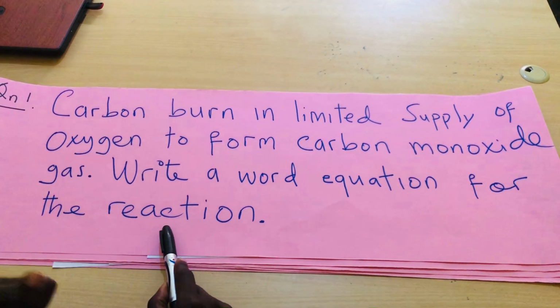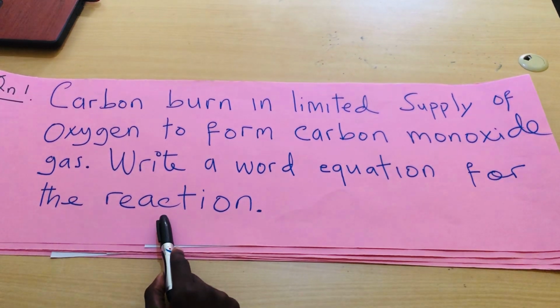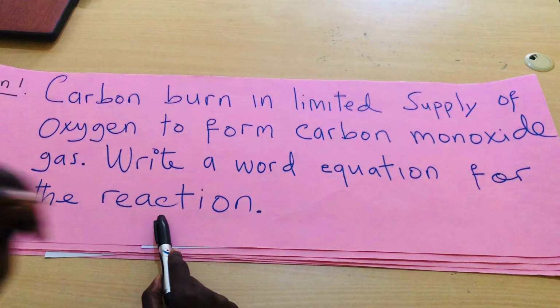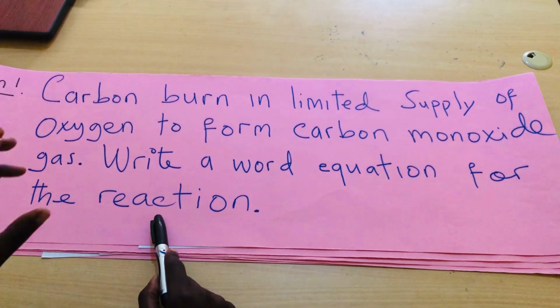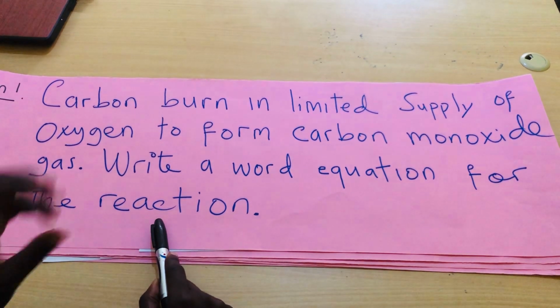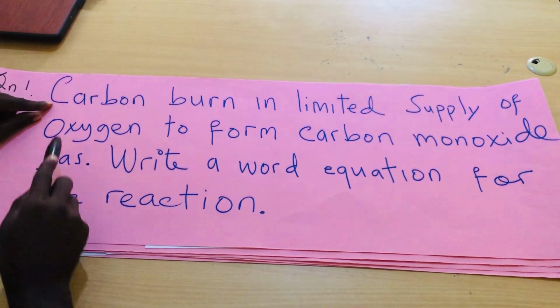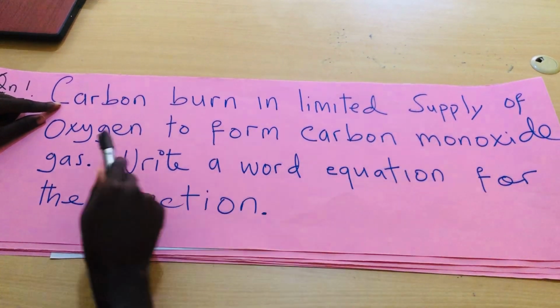So from this question, we need to identify which substance act as a reactant and which substance act as a product. And a right place to put the arrow. So the question is carbon burning in limited supply of oxygen.